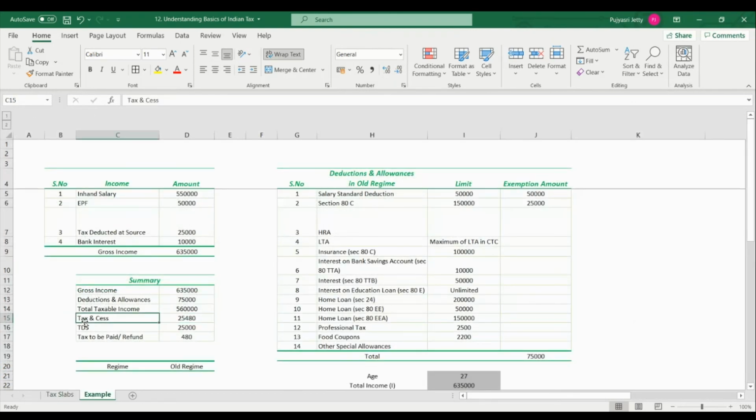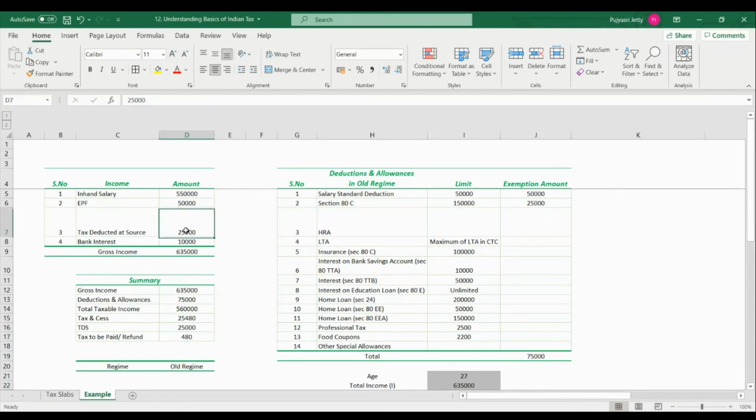So now the total tax and cess that needs to be paid is 25,480, of which 25,000 is already paid by the company as tax deducted at source throughout the financial year. So if we subtract this 25,000, the person needs to pay only 480 rupees to the government. This is the remaining tax that needs to be paid.